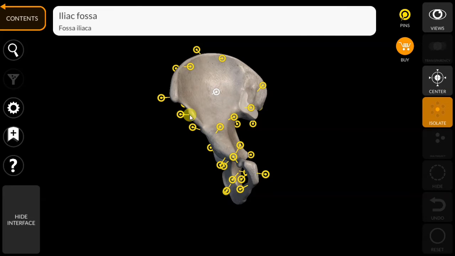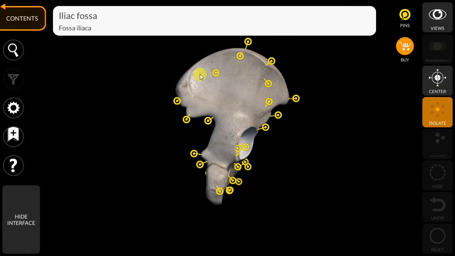This is the iliac fossa, and on the other side there is the gluteal surface, where the gluteus maximus and minimus attach. This is the anterior gluteal line, as you can see here. This whole one is the gluteal surface. This one is the inferior gluteal line.